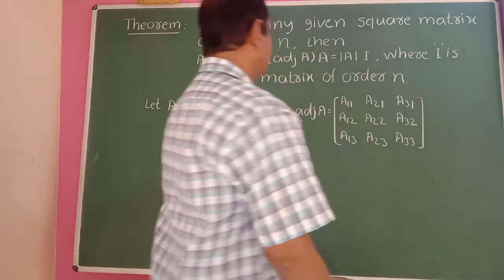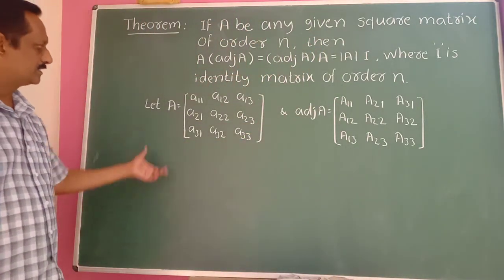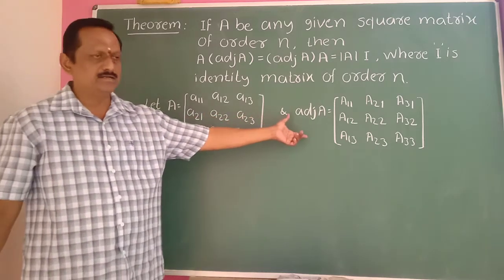Okay, so this is the adjoint of the matrix. Adjoint means the transpose of the cofactor matrix. This is the given matrix and this is its adjoint.